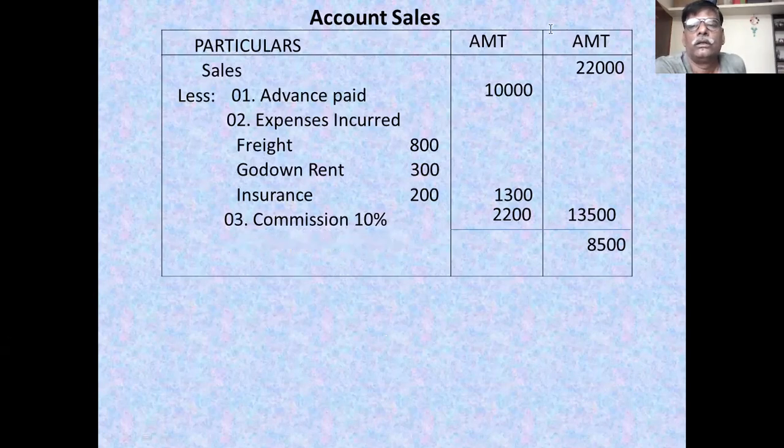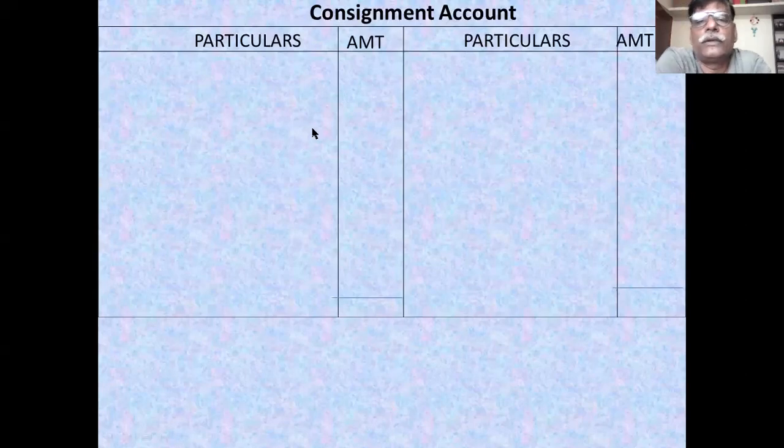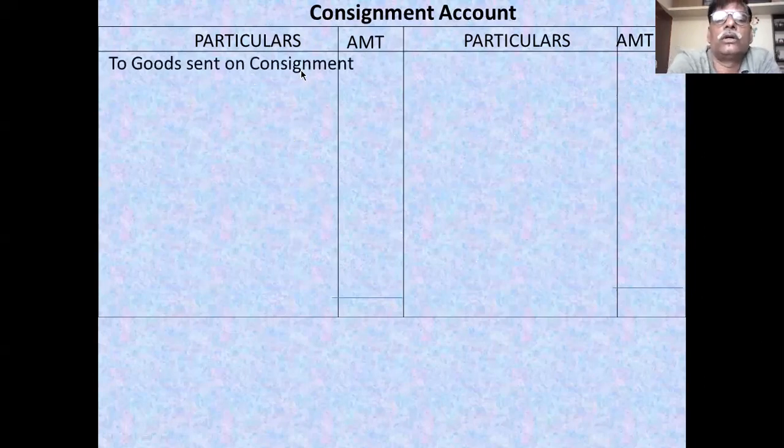Next, I will show the consignment account. You see the consignment account. Particular, amount, particular, amount. On the debit side, first item is goods sent on consignment. Goods sent on consignment is the first item. 20,000 is the goods sent.